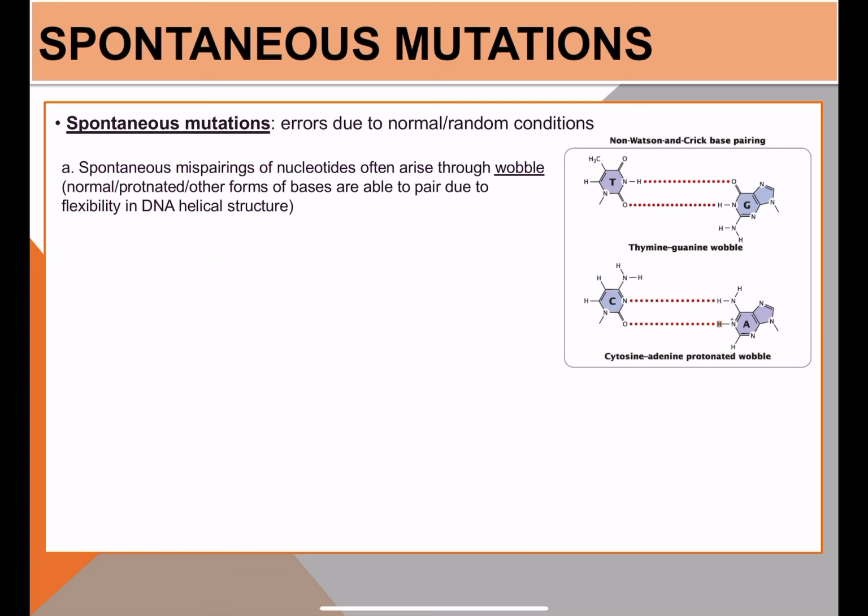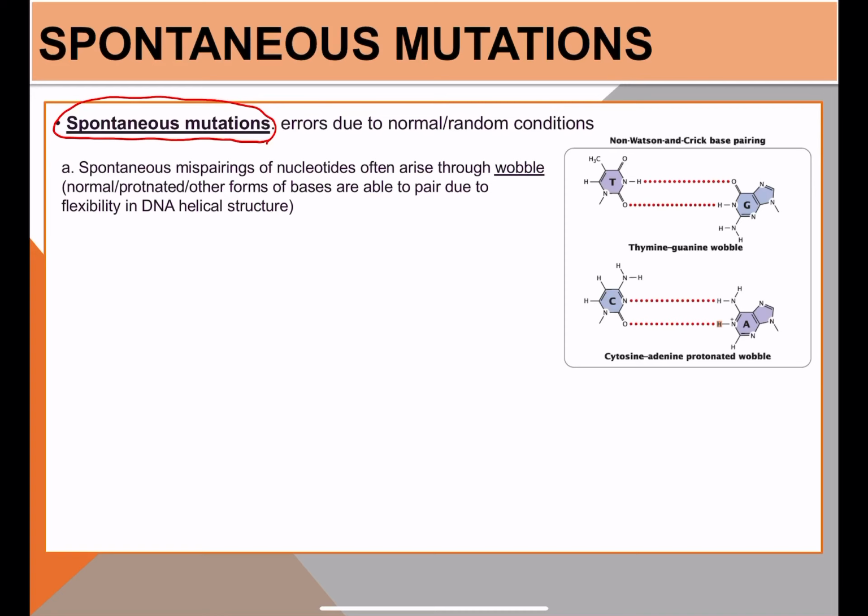Either through chemicals or other environmental means, and we'll go through different types of induced mutations, but we'll first go over where spontaneous mutations come from. So spontaneous mutations refers to those that arise from normal or random conditions, something that is out of our control. There's nothing we can do to avoid it. It just happens, not because we made it to happen.